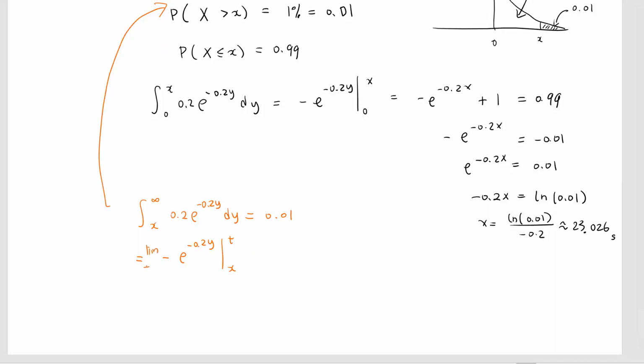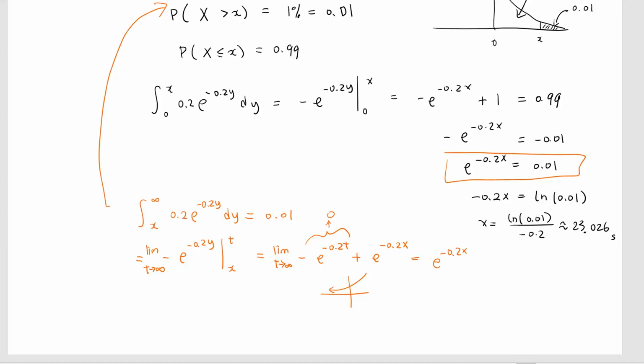But let's not call it infinity, we call it t and let t go to infinity, because infinity is not a number, we cannot plug it in. So negative e to the minus 0.2t, minus becomes plus e to the minus 0.2x. When t goes to infinity, negative 0.2t goes to minus infinity, so that term goes to 0. So we get e to the negative 0.2x equals 0.01. That's exactly the same equation, so we go down and get the same answer.